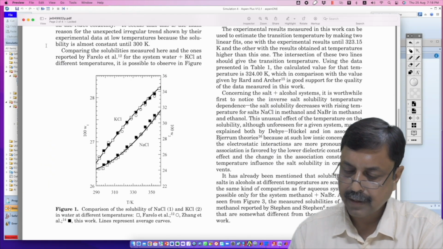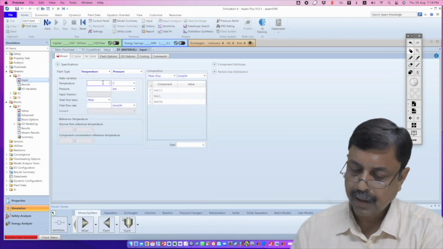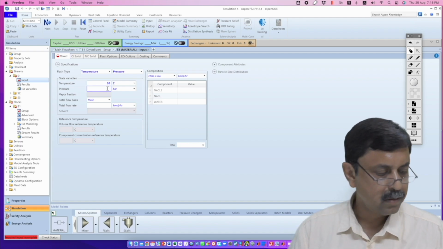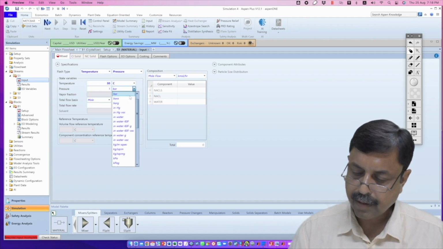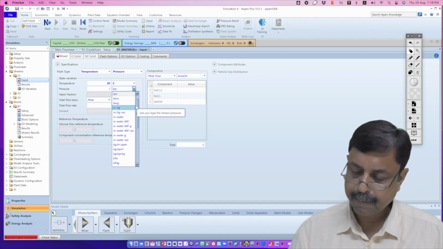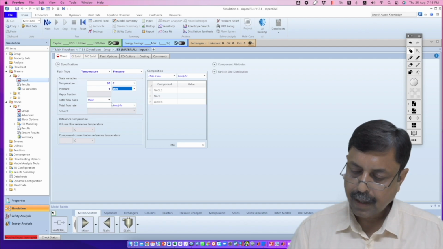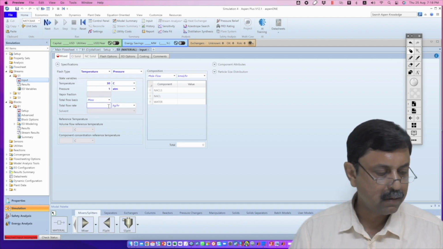So it is 30 degrees centigrade, 1 atmosphere, and 2000 kg per hour.